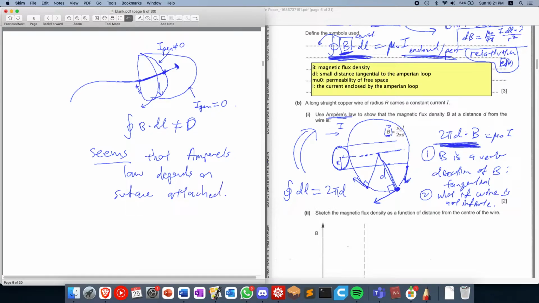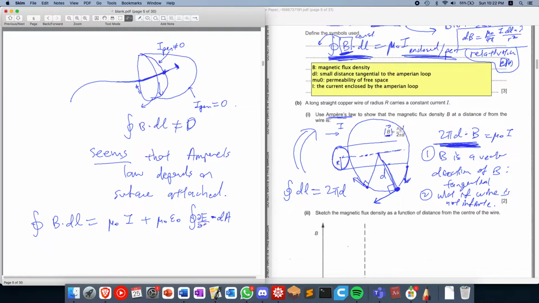However, one must note that the Ampere's law written here is not complete. There's actually an additional term. So what is the full Ampere's law? It's actually mu naught I plus mu naught epsilon naught integral of E dot dA.